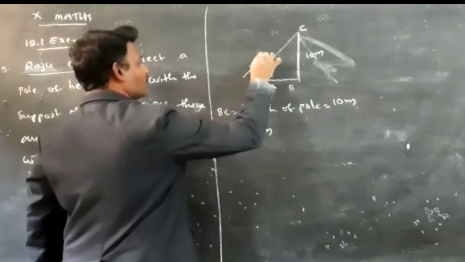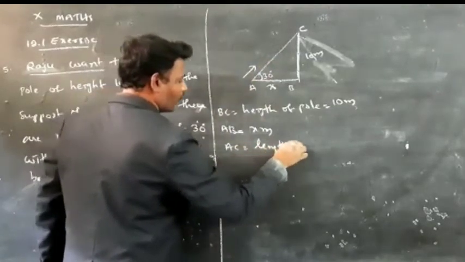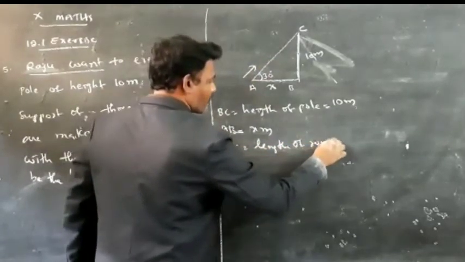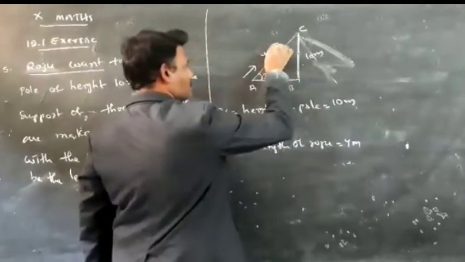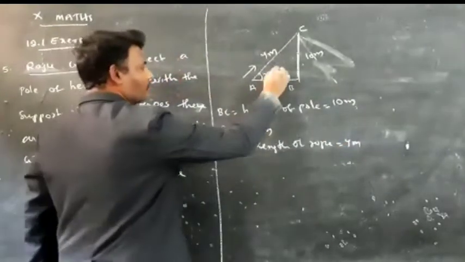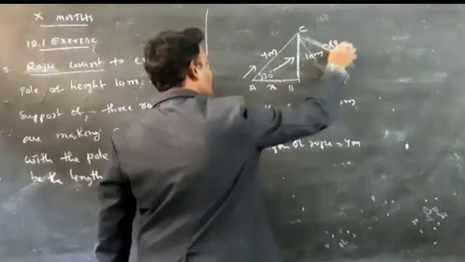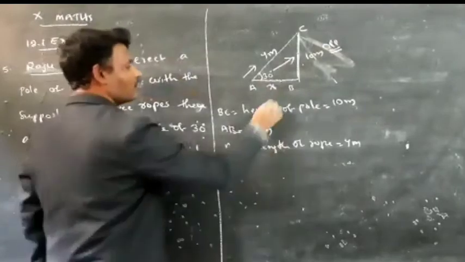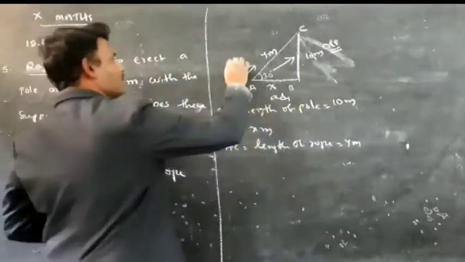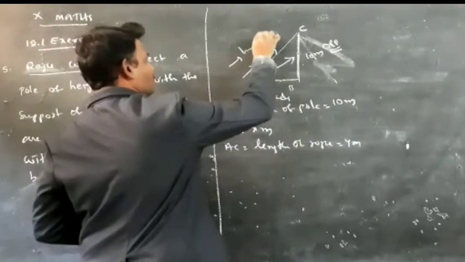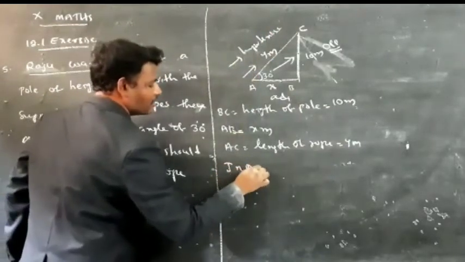Then after, what is AC? AC is equal to the length of the rope. Let that be y meters. From 30 degrees, this is called the opposite side of theta, this one is the adjacent side of theta, and this is the hypotenuse in triangle ABC.